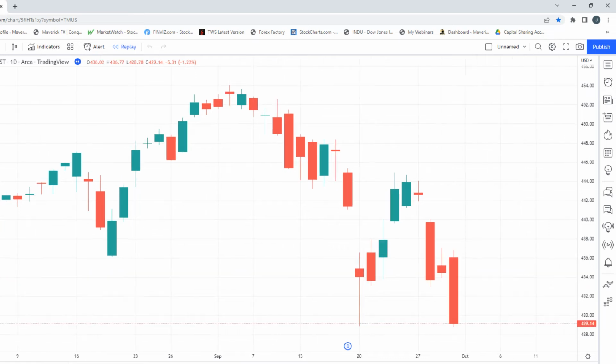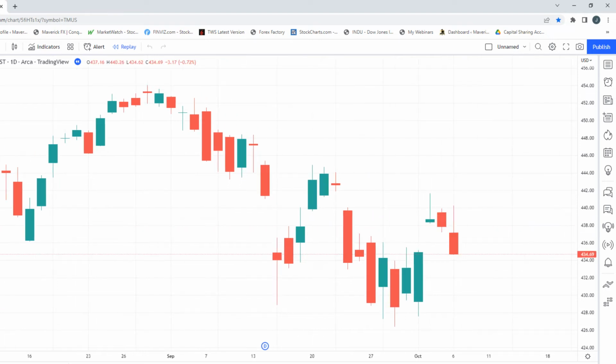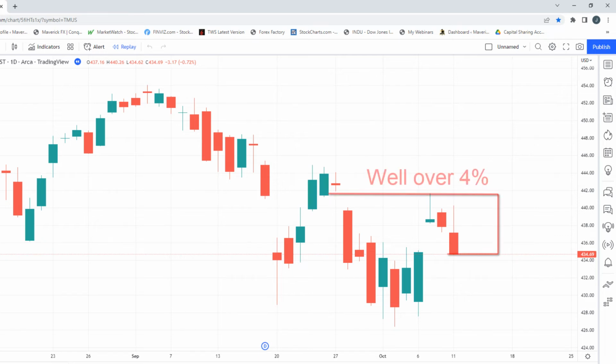So that's 2, 3, 4, 5, 6, 7, 8, 9, 10. Not too bad. So overall, after the 10 days, we are definitely over that 4% expected move to the downside, probably a little bit more. But for you guys targeting a different type of options trade, you might have been dealing with this a lot sooner than 10 days. So let's see if we can find another example moving forward.